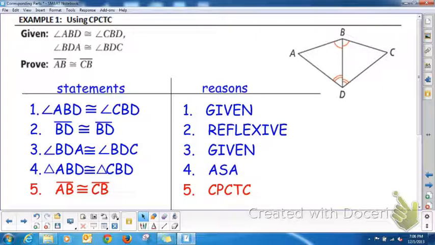Because we could prove that the two triangles were congruent, we can prove that all of their corresponding parts are congruent. We could also prove that AD is congruent to CD. We could also prove that angle A is congruent to angle C, because all of the corresponding parts of these two triangles are congruent.